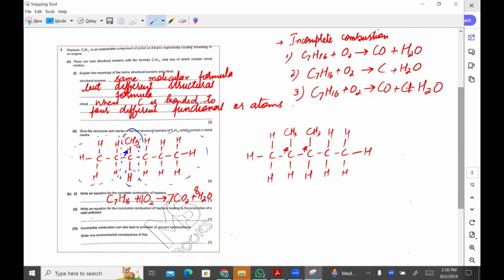But here they have told us that a solid pollutant is formed. So I'm going to use the second one. C7H16 plus O2 gives carbon plus water. So it's 7 and 8 is there. So what am I going to put here?